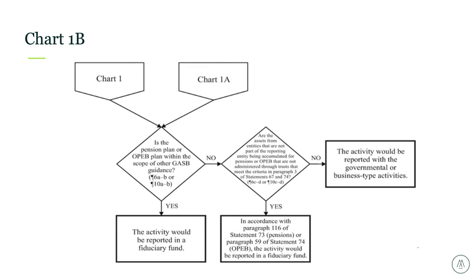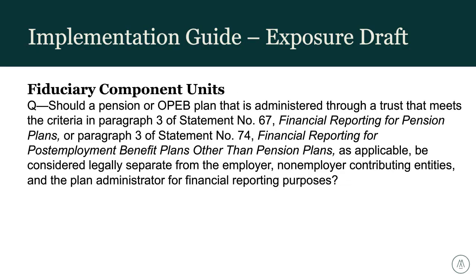Thanks, Amanda. As Amanda mentioned, this exposure draft for GASB 84 was issued back in January of 2019, and when GASB issued it, they said that the final version would be released sometime in June.